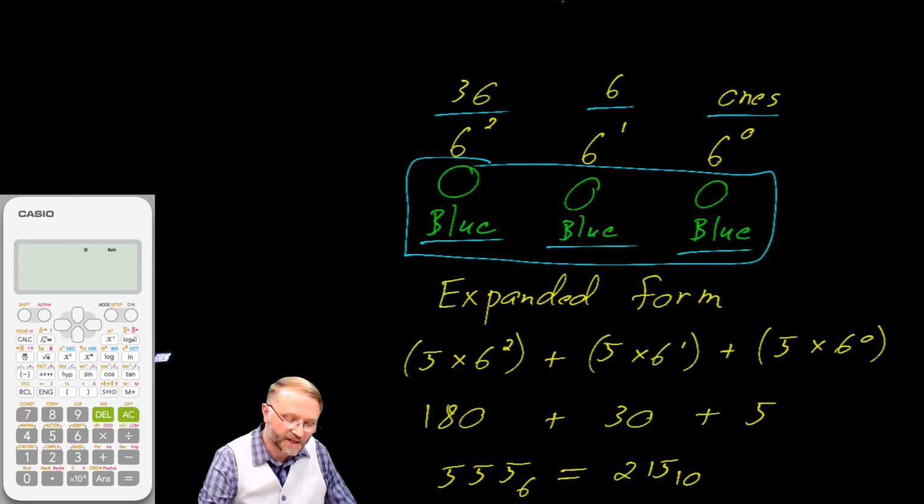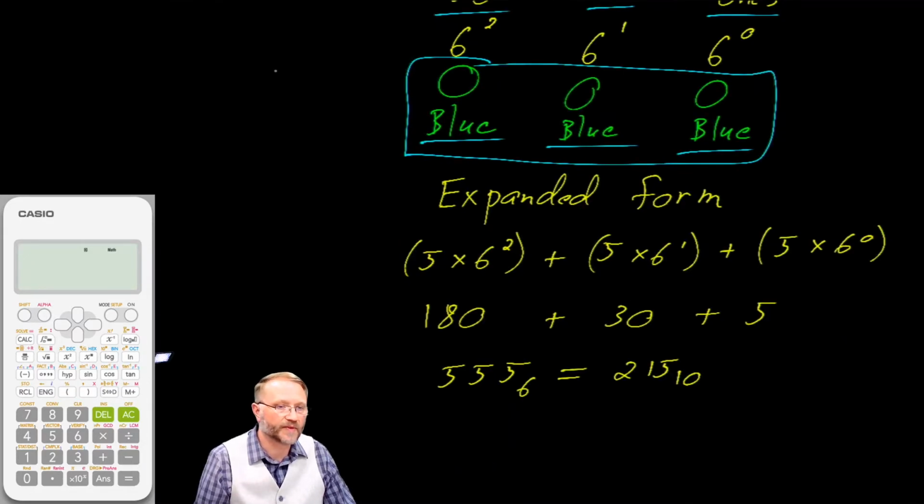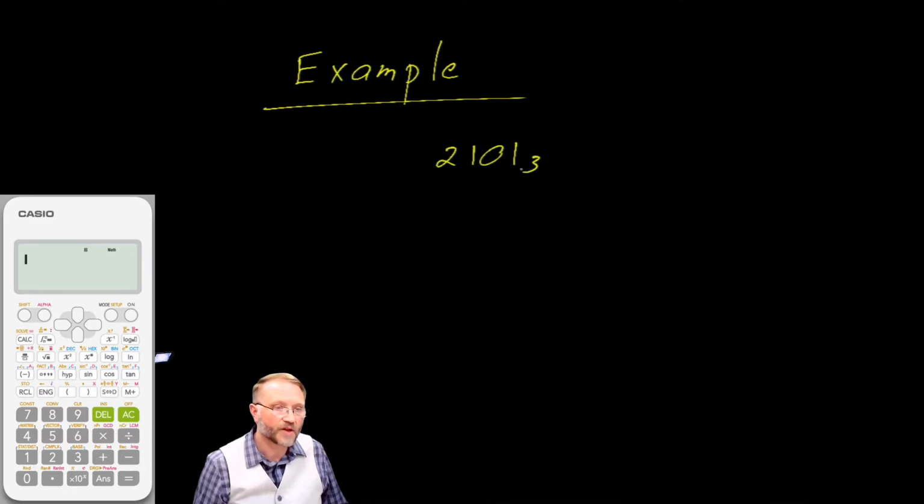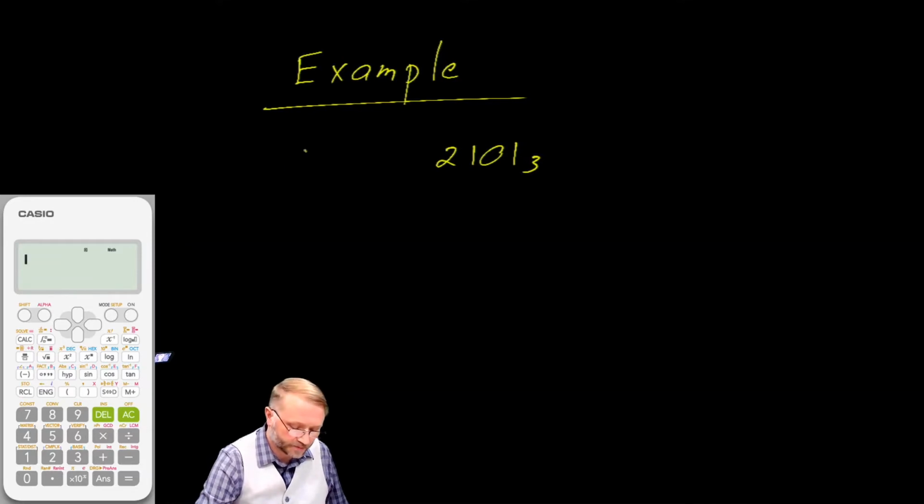Keeping in mind that it's always base to the 0, base to the 1, base to the second power. Once we understand that relationship, we can take a number from any base and convert it over to decimal with very little trouble. For example, if you have the number 2101 base 3, we want to convert that to decimal.